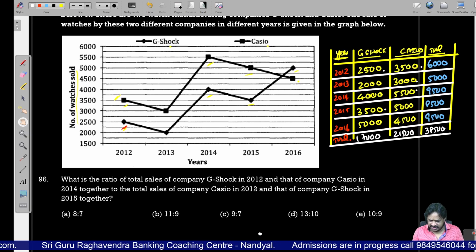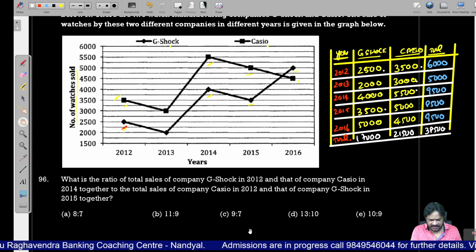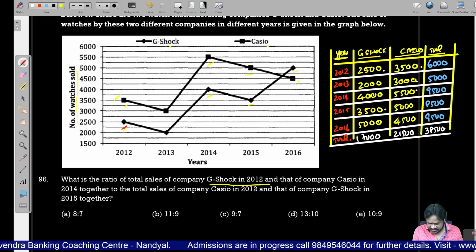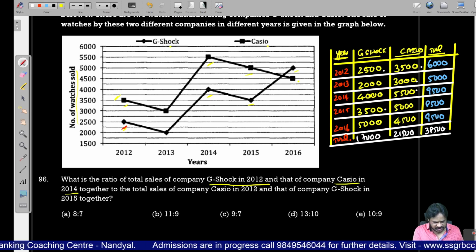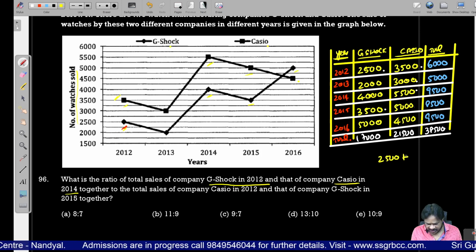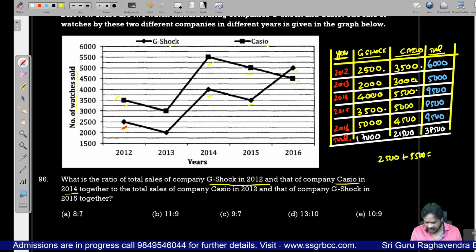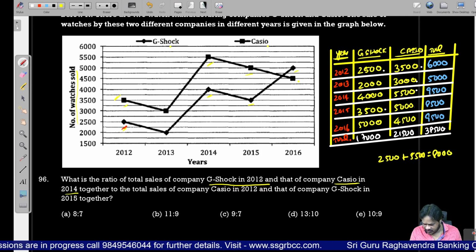What is the ratio of the sales of G-Shock in 12 and Casio in 14? G-Shock in 12, 2500. Casio in 14, 5500. Totally we will get 8000.